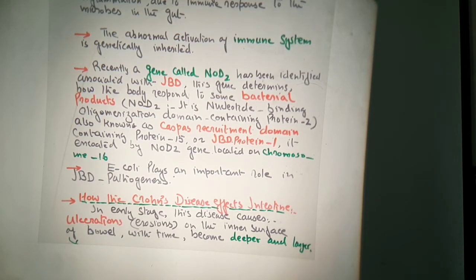Now, how does Crohn's disease affect the intestine? Crohn's disease impacts the intestine. In the early stages, this disease causes ulceration. Ulceration means erosions in the inner surface of the bowel, that is, the breakdown of the membrane on the inner surface of the bowel.